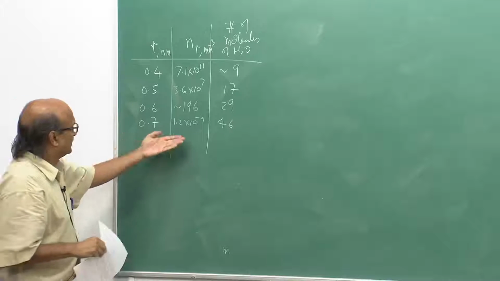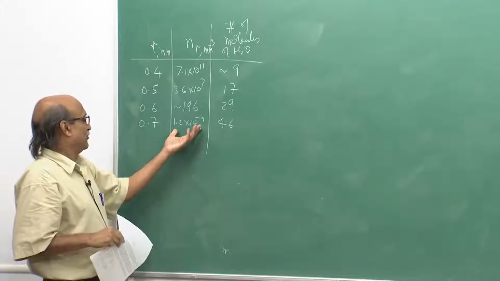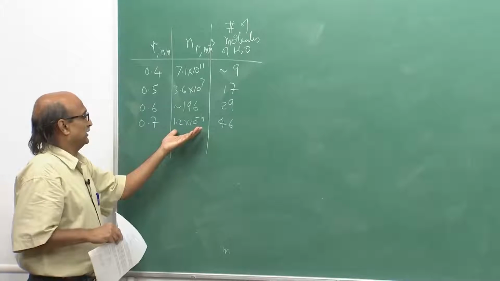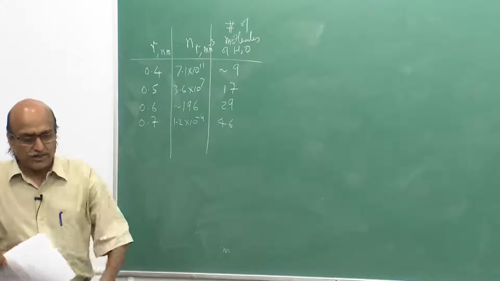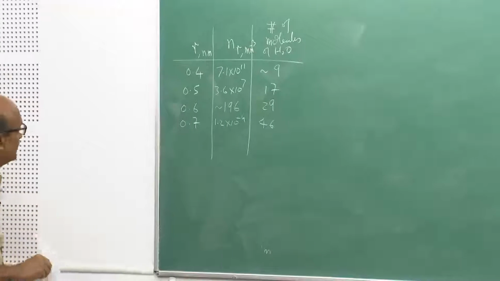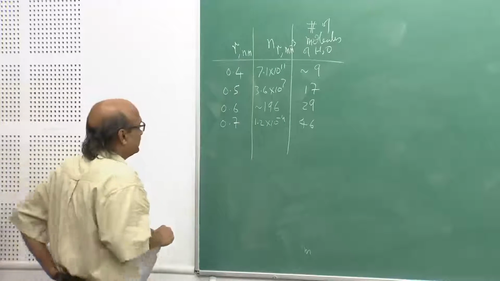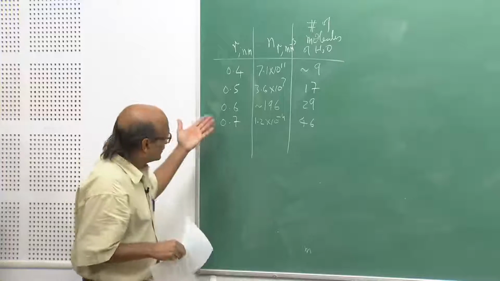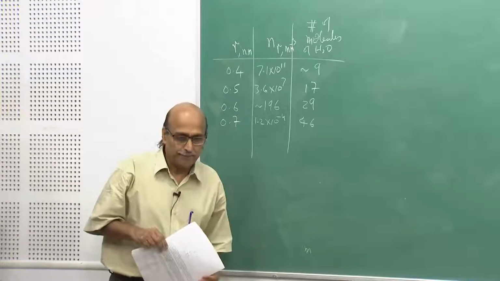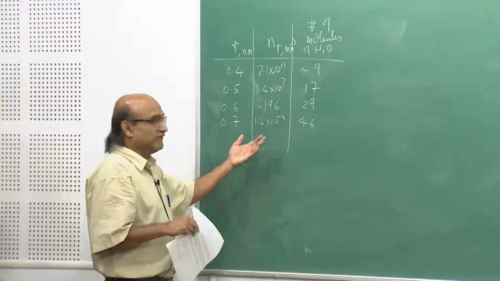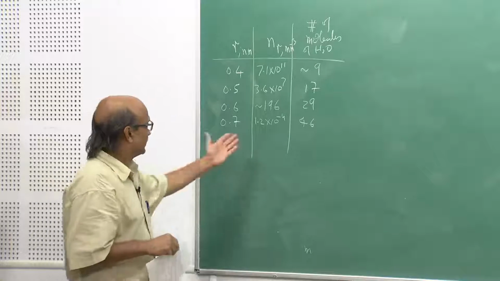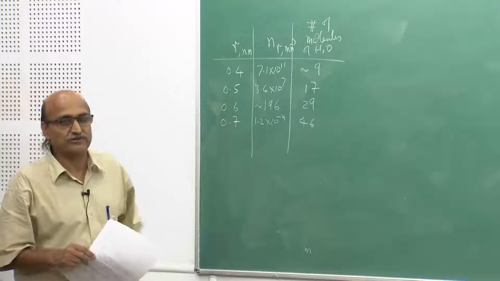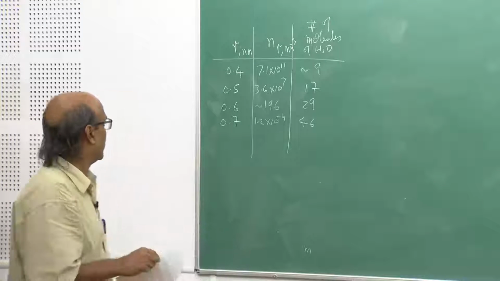In this particular case, as you can see, for 0.7 nanometers, you will not find even one nucleus in 1 millimeter cube of the system. Of course, if given enough time, a nucleus would eventually form, but it will take a much longer time, and that would depend on at what rate the nuclei are forming.